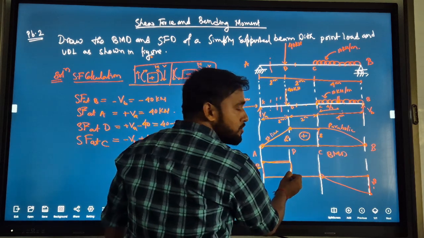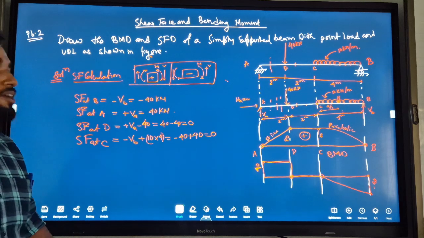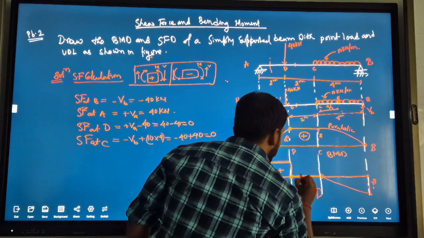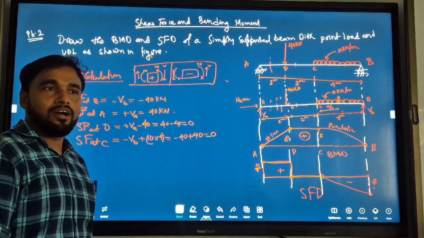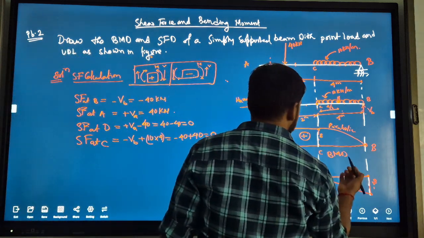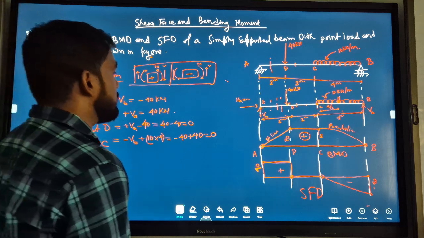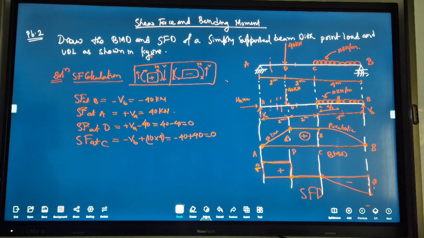At point D, shear force 0. And like this. This is nothing but your shear force diagram, a plus and minus. Is it not easy to draw? So this is the shear diagram. Okay, anyone have any questions?